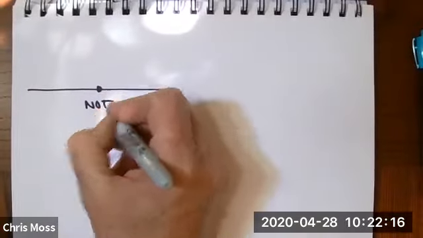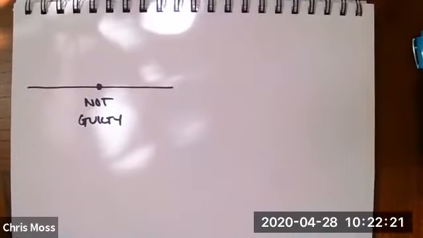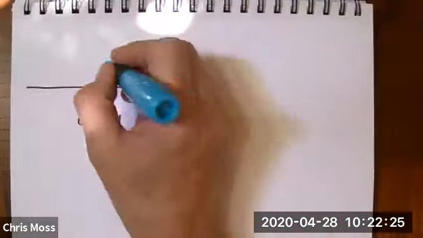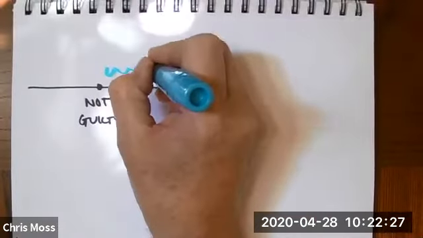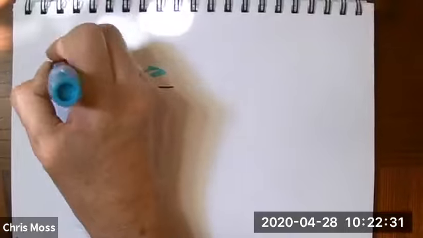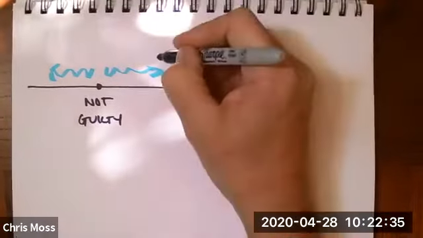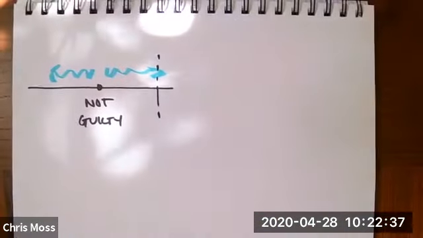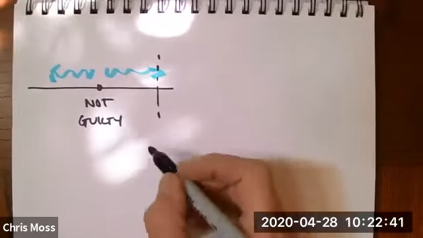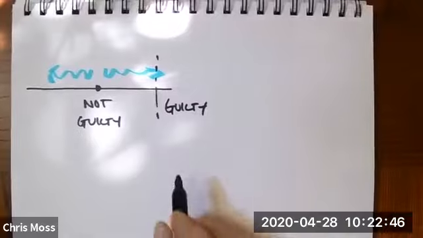We start with the notion of not guilty. And then at that point, the prosecution offers up evidence that refutes the notion of not guilty. If that evidence piles up high enough, the notion of not guilty is hard for the jury to sustain, and the jury will return a guilty verdict.